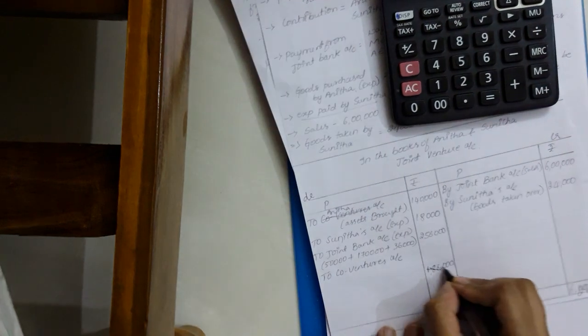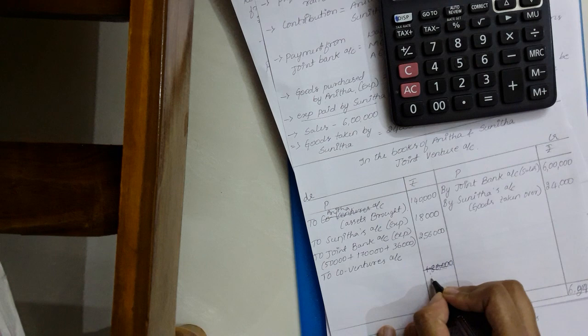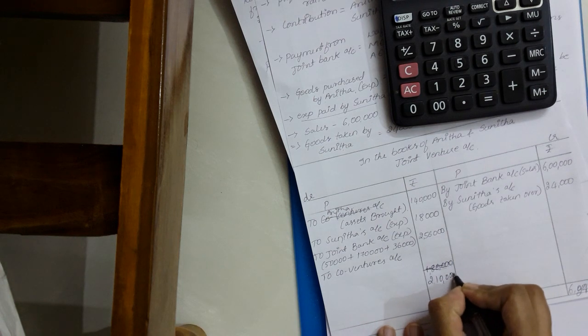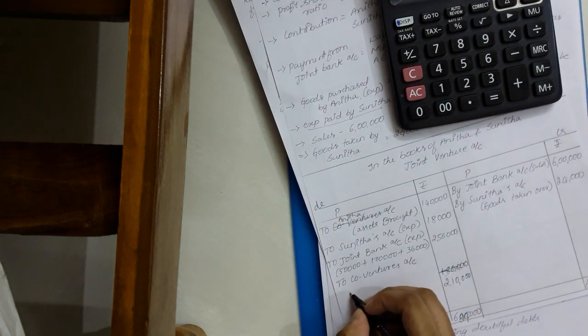That will be 2,10,000 is the profit. So this needs to be distributed among the co-venturers.